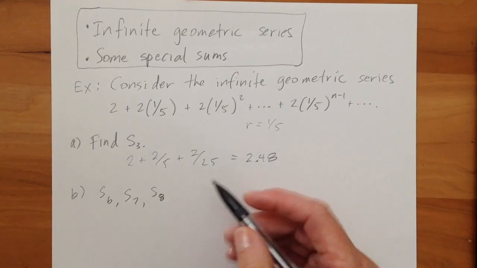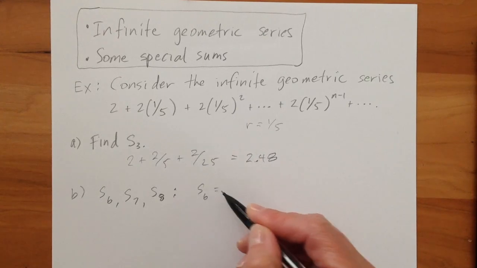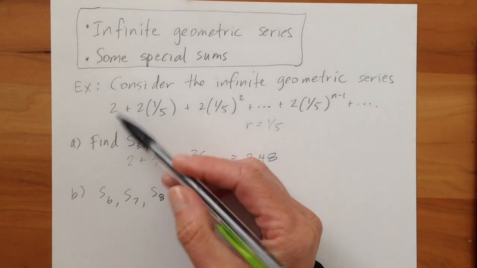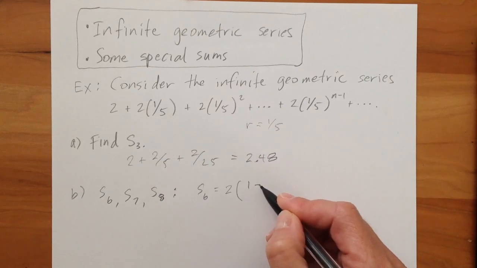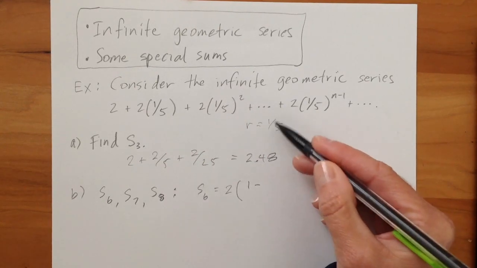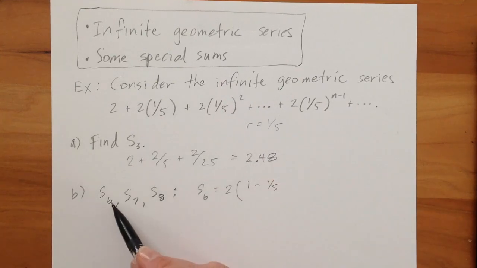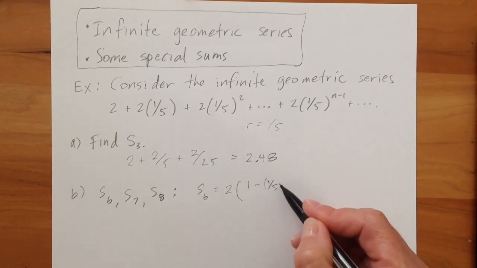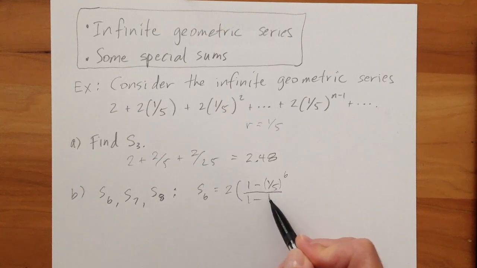All right, so remember we have a formula for finding these. So s sub 6 is going to equal a1, the first term in our series, times 1 minus the common ratio to the power of the number of terms we have. So s sub 6, we have 6 terms, divided by 1 minus the common ratio.